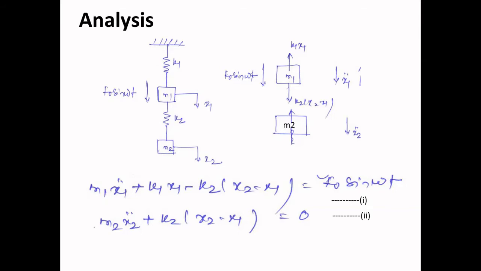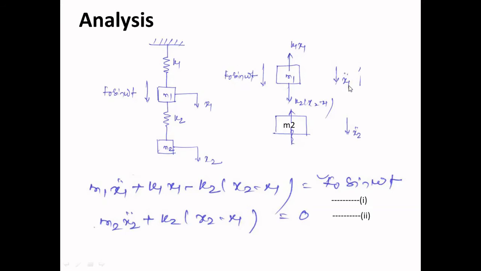This type of exercise we have also done in our earlier discussion on 2 degree of freedom system. So I can easily draw a free body diagram for mass 1 where there is a force exerted by spring K1 in the upward direction and a force exerted by spring K2 in the downward direction, that is K2 (x2 minus x1), and the external force acting on this mass is Fo sine omega t.